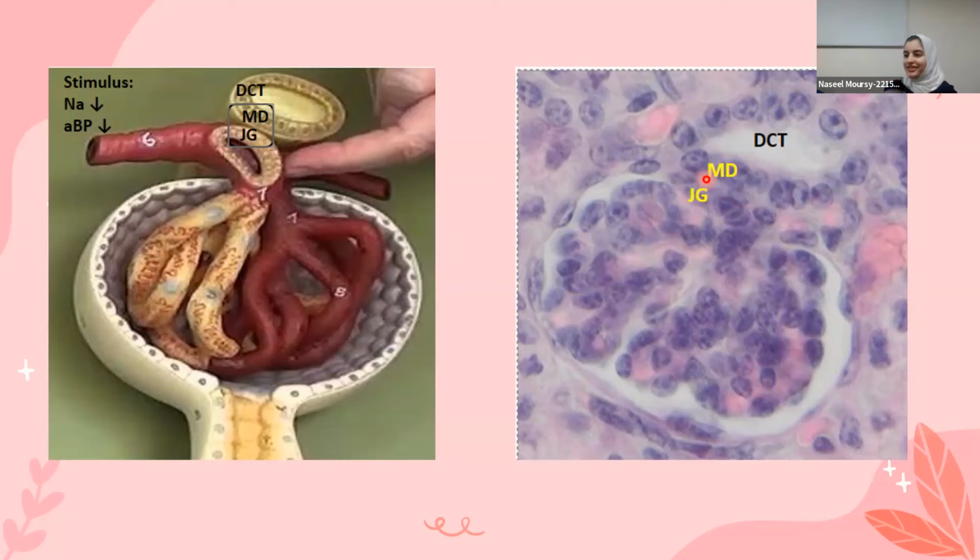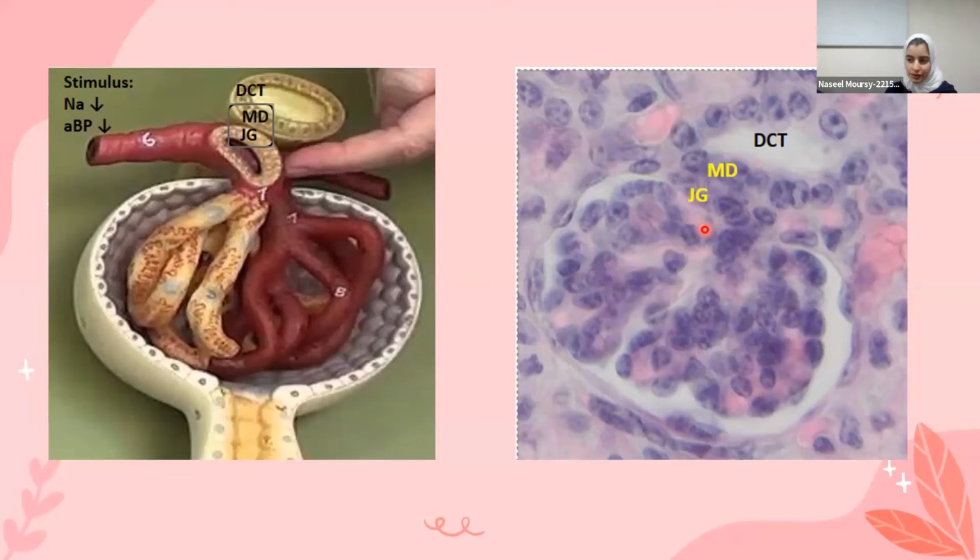It's okay if you got confused. Juxtaglomerular cells. So yes, the macula densa senses if your sodium is low or high, and then it tells the juxtaglomerular cells to secrete. What is the thing that it secretes? Renin. Good job.